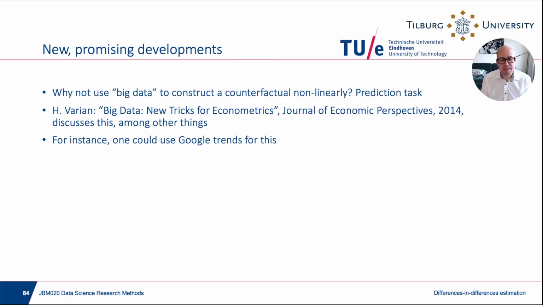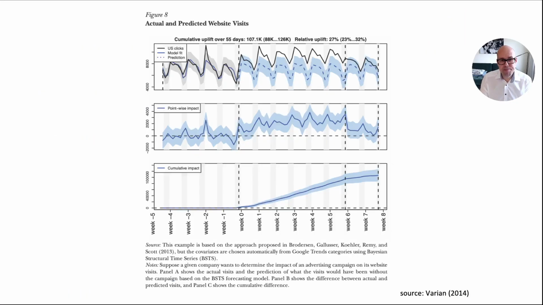What he says is that, for instance, one could use data from Google Trends for this, right? To make predictions, and you use only the pre-period to train the model, and then you use this in a similar way as we saw for the synthetic controls to predict what would have happened to the treated units had they not received the treatment. How does this look? Here we have website visits as the outcome.